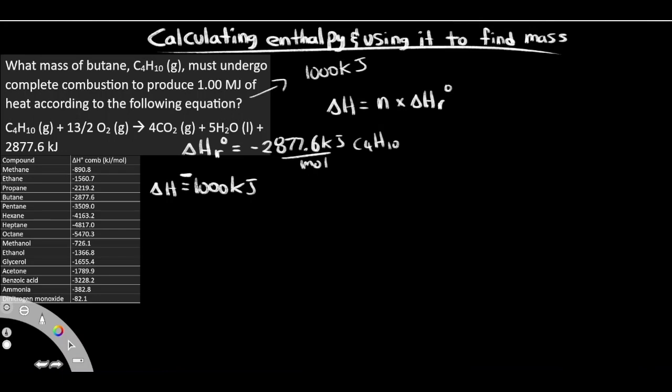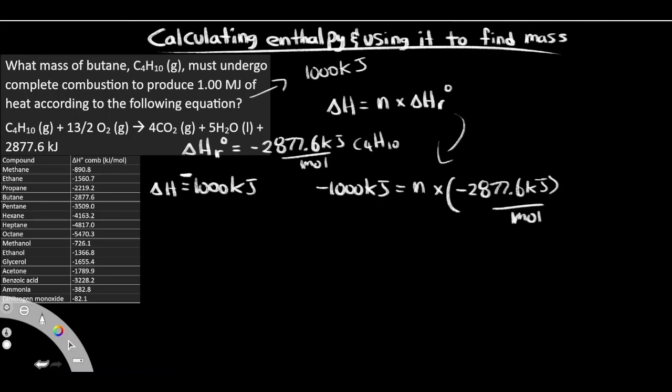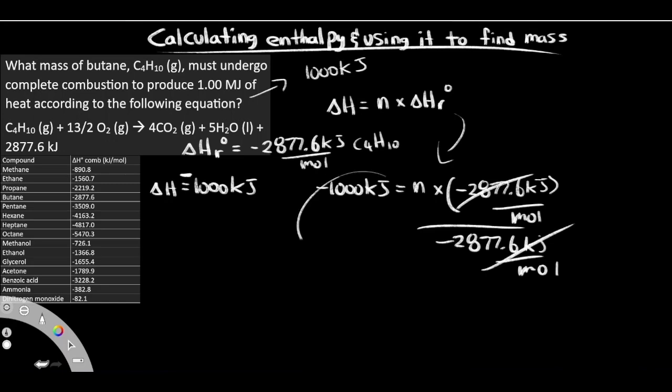So we have our delta H here, which is negative 1000 kilojoules of the whole reaction is equal to the amount of moles, don't know what it is, multiplied by our standard molar enthalpy, right, as written in the formula. So it's negative 2877.6 kilojoules per mole. There we have it. So all I need to do is isolate this, so divide this by negative 2877 kilojoules per mole. You do it on the right side, cancel it out. You do it on the left side as well.